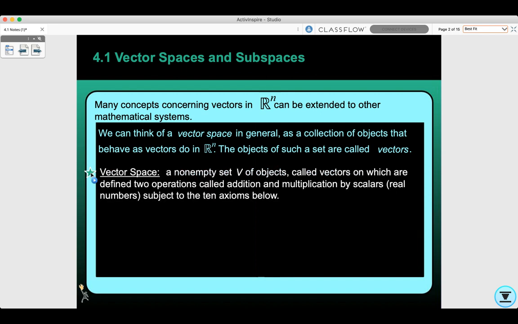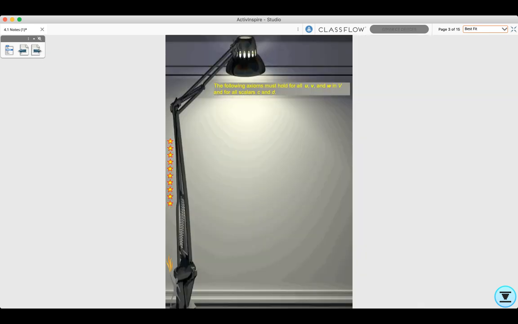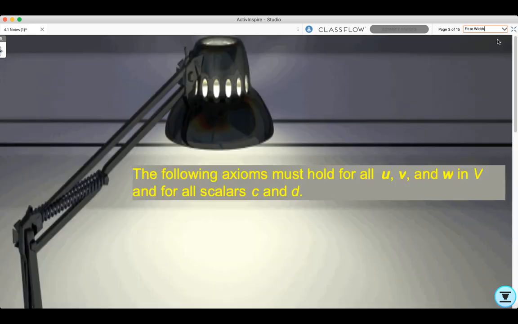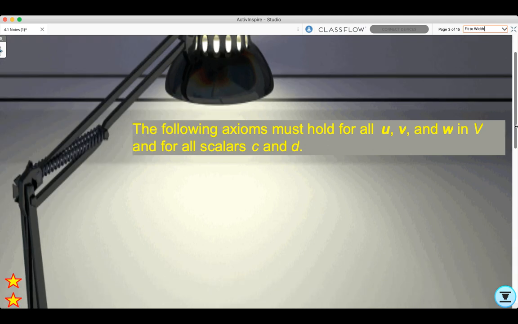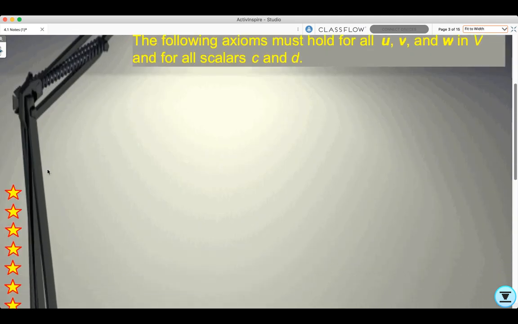A vector space is a non-empty set V of objects called vectors, on which are defined two operations called addition and multiplication by scalars, or real numbers, subject to 10 axioms on the next page. The following axioms must hold for u, v, and w in V and for all scalars c and d.